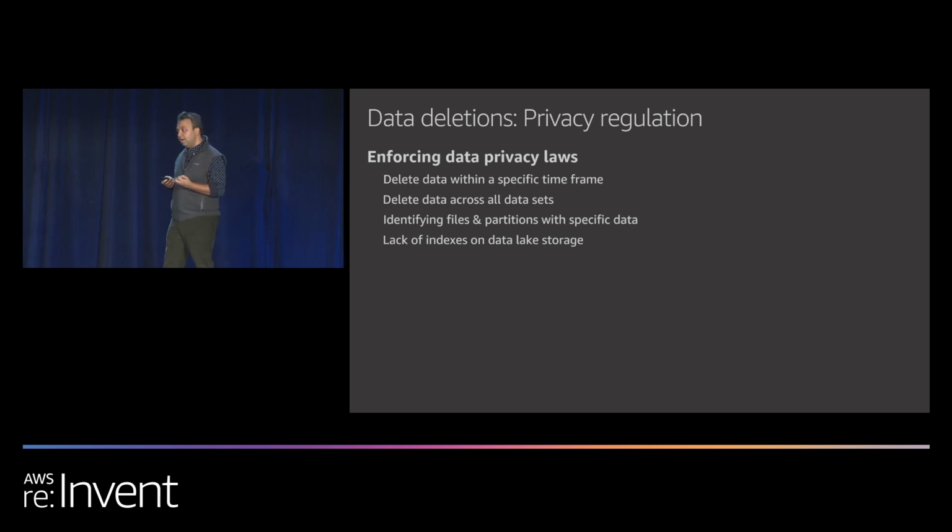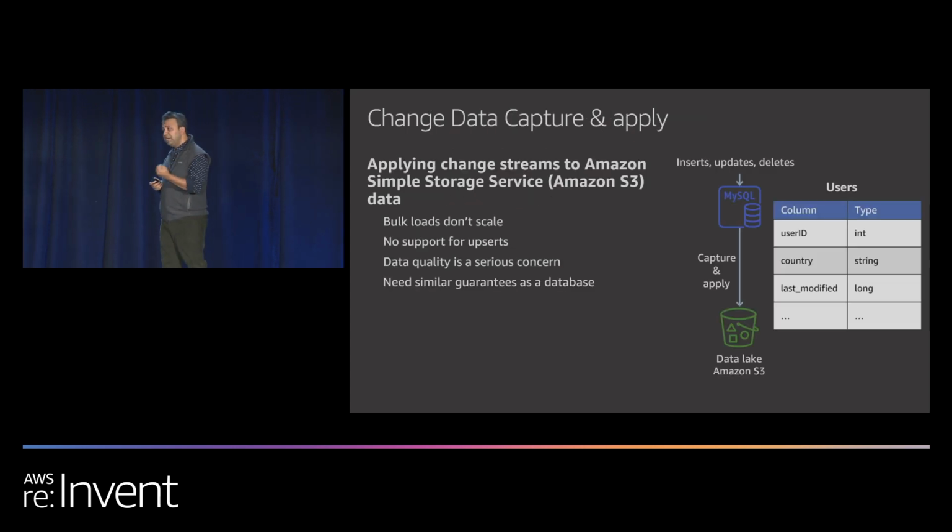So it becomes really hard and really expensive to deal with regulations such as GDPR and CCPA, because S3 doesn't give you delete-level semantics. S3 gives you a lot of other benefits, and that's why more people build data lakes on top of S3 than anywhere else. But these are the shortcomings that we see, and that's what we're trying to address with Apache Hudi.